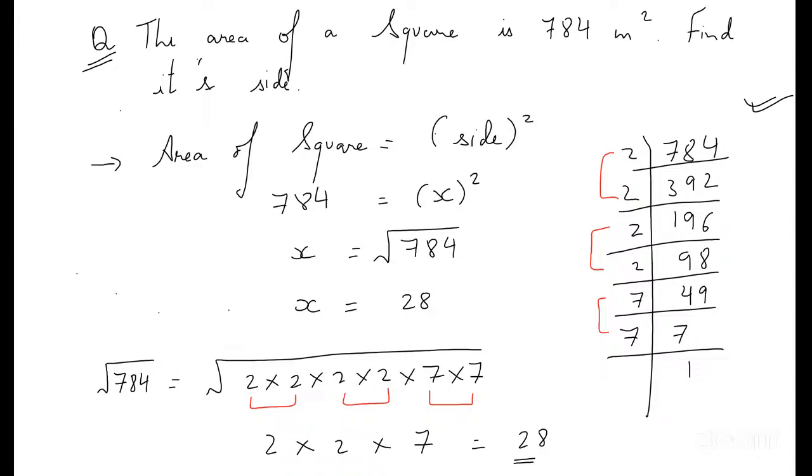We will get what? 784. Why? Because 28 is the side and the area is side into side, or side square. So 28 into 28, we will get 784. Right? Any doubt in this question?